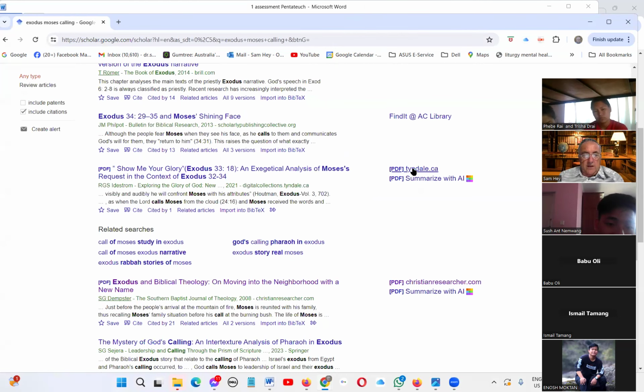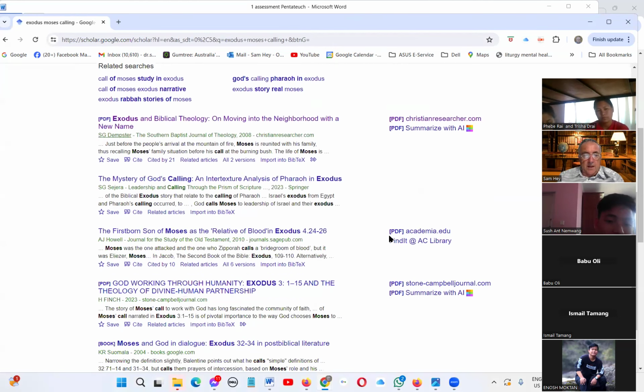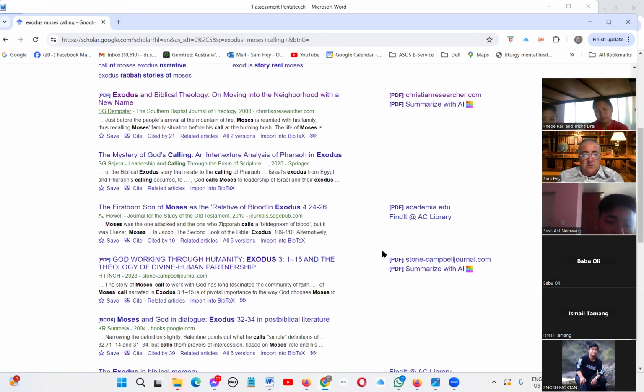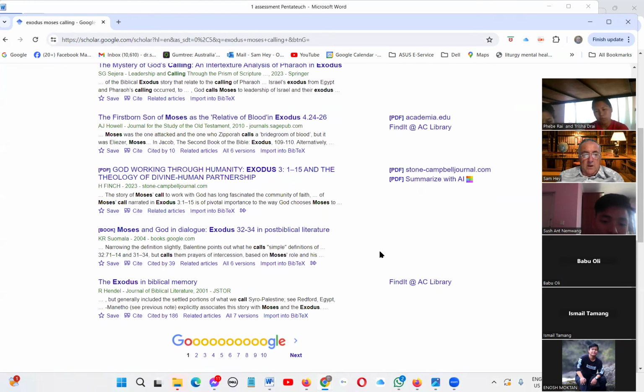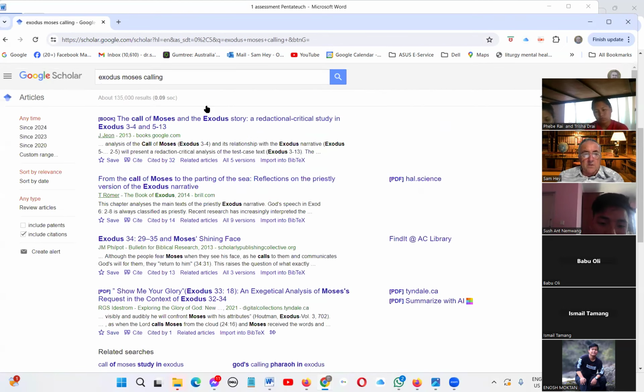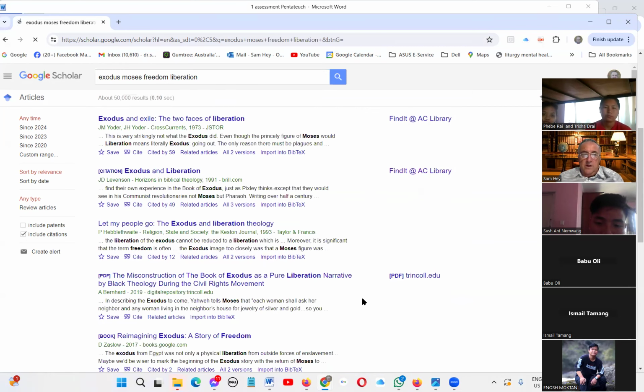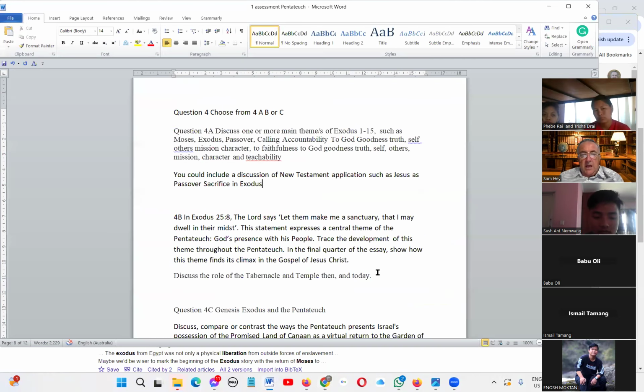And then we have another one here. This emphasis on calling could be one theme that you could look at. Another one could be freedom, liberation, and you could write your question on freedom and liberation. So you need to choose an Exodus theme.